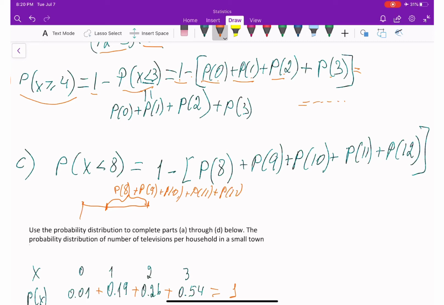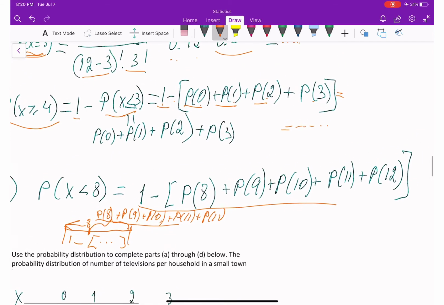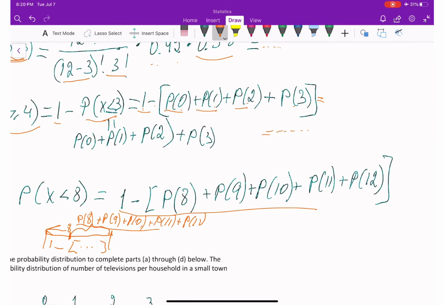And this is 100% or 1. If I do 1 minus all this probability here, right here we have it, I will get the probability of less than 8, because this is my 8 here. Make sense? So what you have to do, find the probability x is equal 8, x is equal 9, x is equal 10, 11, 12.